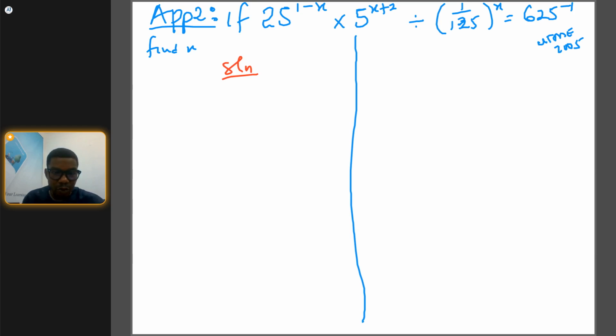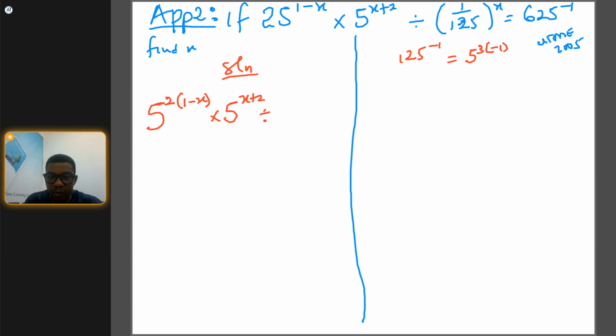So I have to convert this 25 to 5 raised to power 2, which is 25, bracket 1 minus x that was there before, times 5 raised to power x plus 2, divided by 1 over 125 raised to power x, which is the same thing as 125 raised to power minus 1. So 125 is also the same thing as 5 raised to power 3, bracket minus 1, which will give us 5 raised to power minus 3.